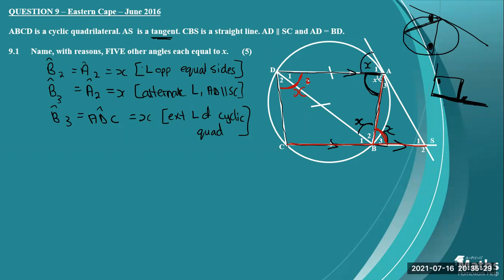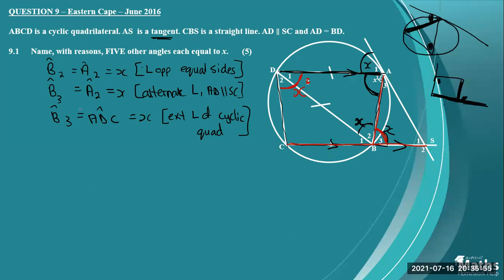This angle between the tangent and this chord will be equal not to the line attached to the angle, meaning it won't be equal to D1 attached to A1. It won't be equal to this one. But if you look at your triangle, it will be equal to the one furthest from the A1.